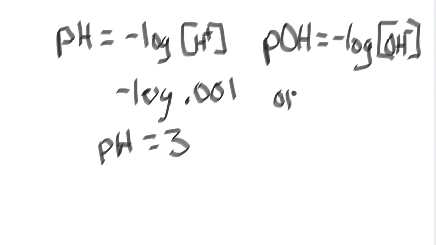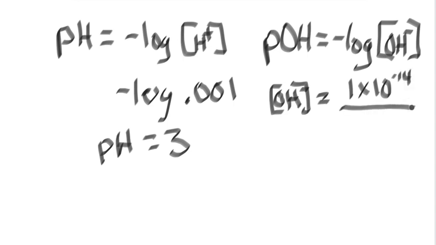Using the ionization constant, the concentration of OH equals 1 times 10 to the negative 14th divided by our hydrogen ion concentration, which in this case is 0.001. Solving for that, we get 1 times 10 to the negative 11th, or 0.00000000001.